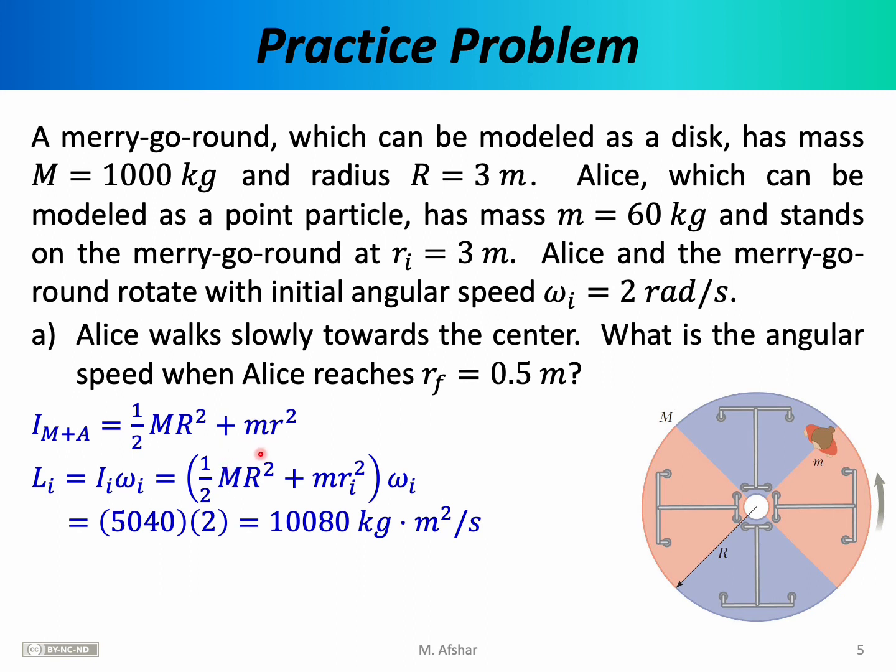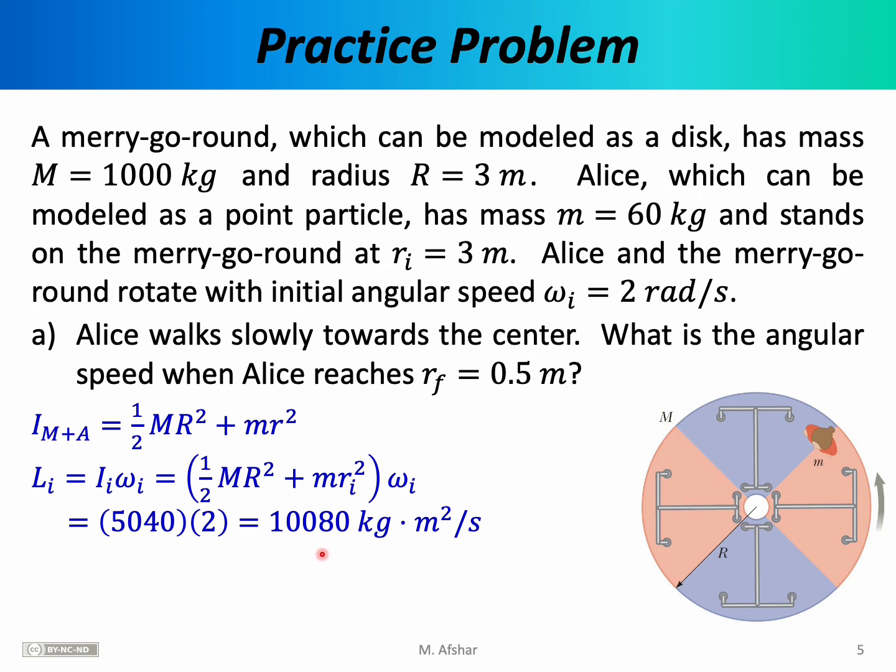The radius of the merry-go-round is 3. Little m is the mass of Alice, which is given to us as 60, and her initial position is 3 meters. The initial angular speed of the system is 2. Multiplying all that out, we find that the initial angular momentum of the system is 10,080 kilogram meters squared per second.